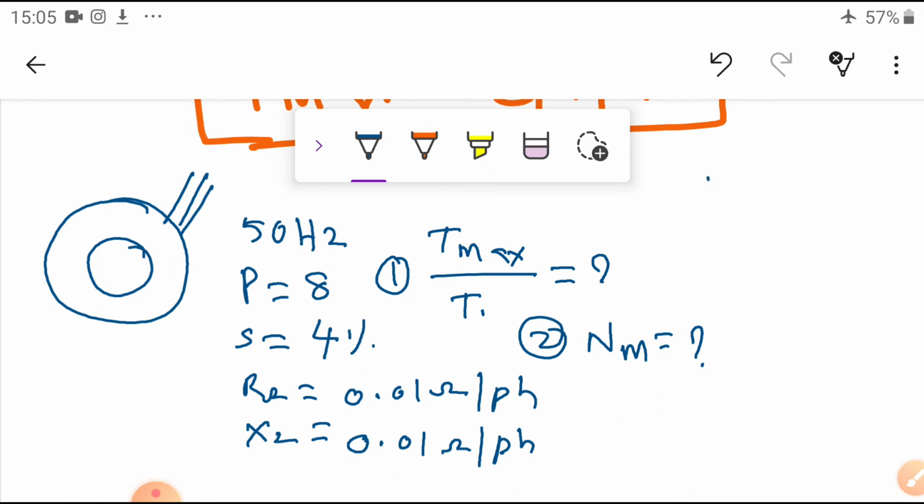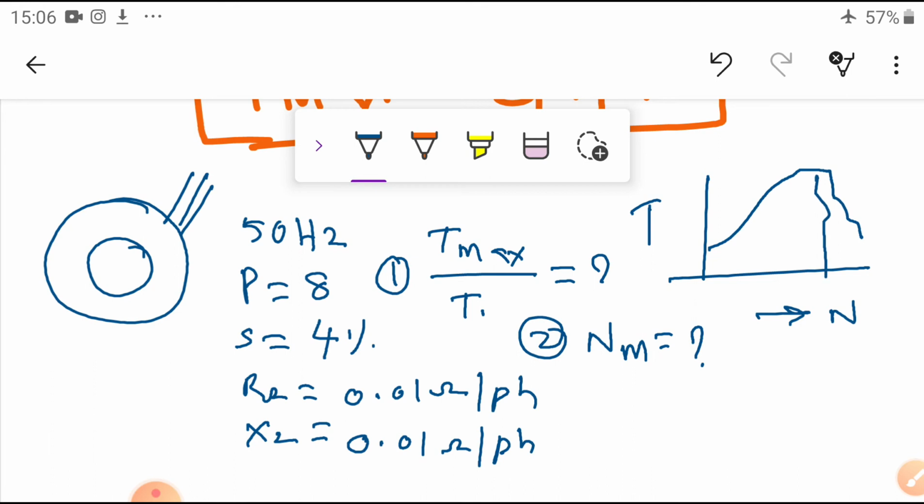That means here there is a speed N and a torque. We take this one value, the maximum torque. What is the Nm, the speed at which maximum torque occurs? I am going to calculate this. Once again, I will read it. A 50 Hz, 8-pole induction motor has a full load slip of 4%.